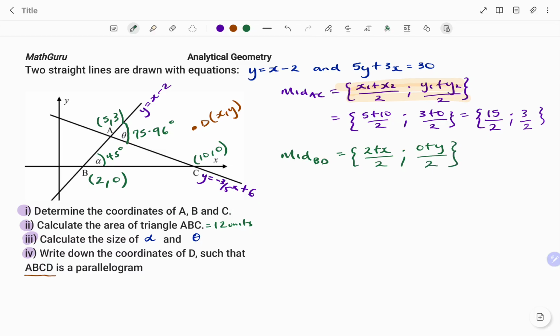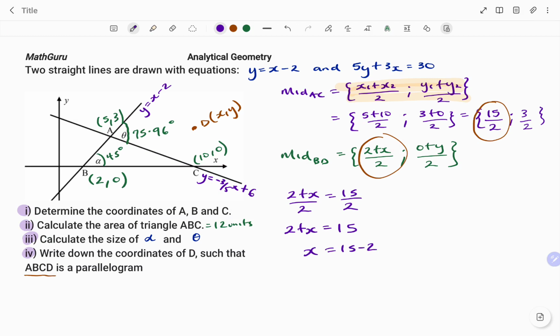Note that this value here for the x coordinate, because it's the same midpoint as AC, must be equal to 15 over 2. So I'm going to solve that by the side to say 2 plus x over 2 equals 15 over 2, multiplying both sides by 2. I have 2 plus x equals 15, so therefore the x coordinate will be 15 minus 2, which is 13.